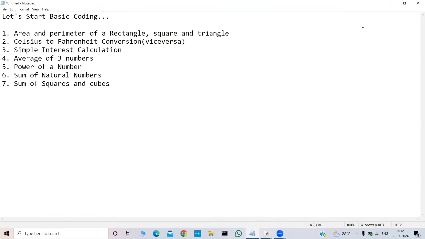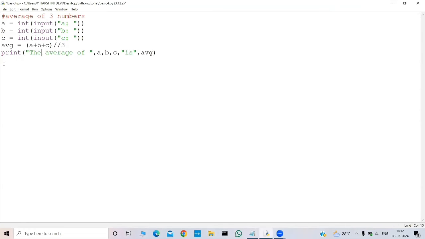Next, the power of a number. What is the formula for power? That was base power exponent, right?